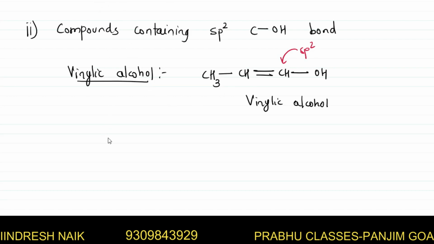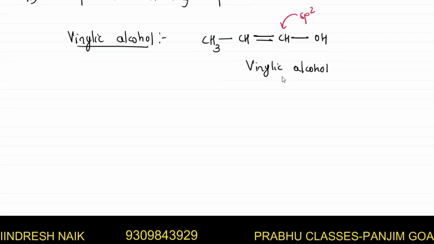Okay. And what if it is connected to a benzene, then will it be a vinylic alcohol? Will it fall into that category? Means when we talk about this OH connected to this carbon, is it vinylic? We call this a new category. It is called a phenol. It is no more an alcohol.